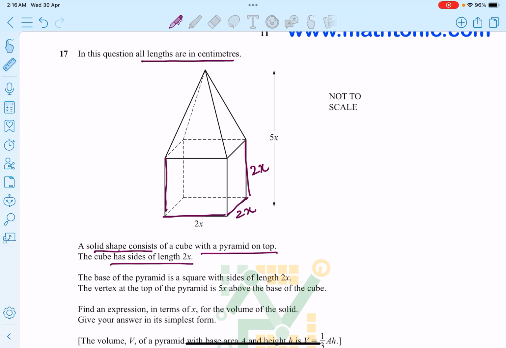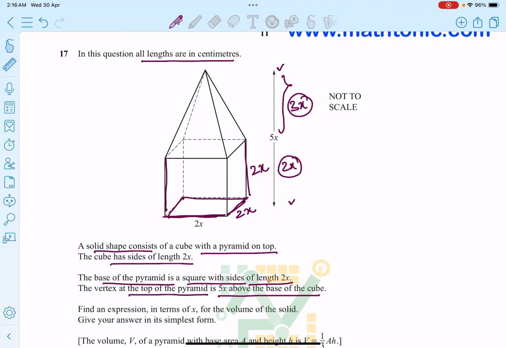The base of the pyramid is a square with side length 2x. The vertex at the top of the pyramid is 5x above the base of the cube. The total length from here to here is 5x, out of which this one should be 3x, because this one is already 2x. So the height of the pyramid is 3x.